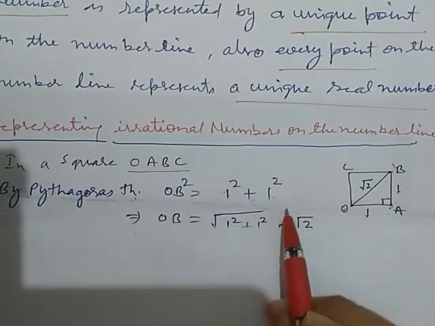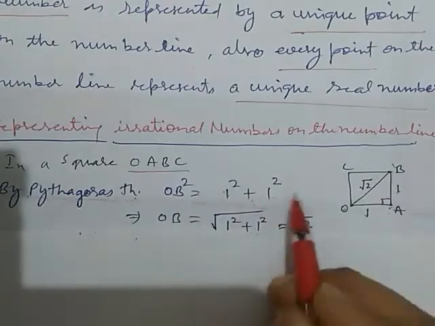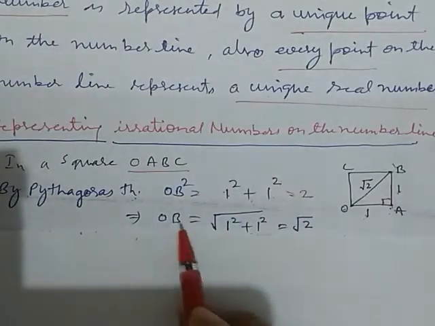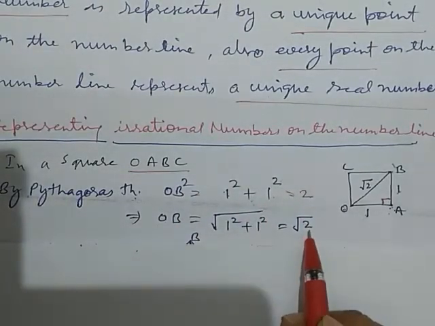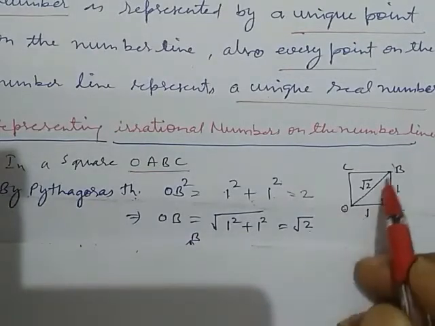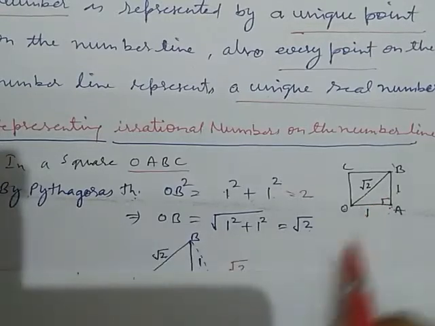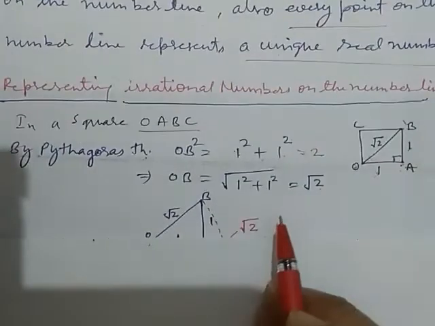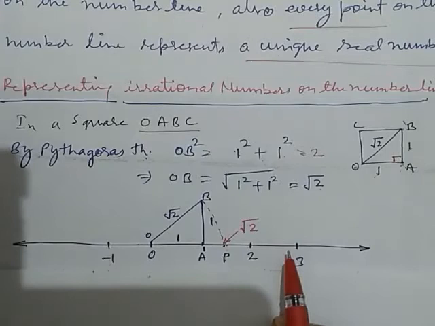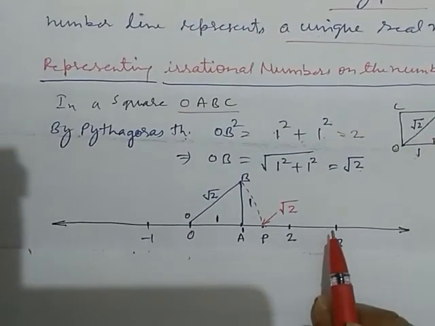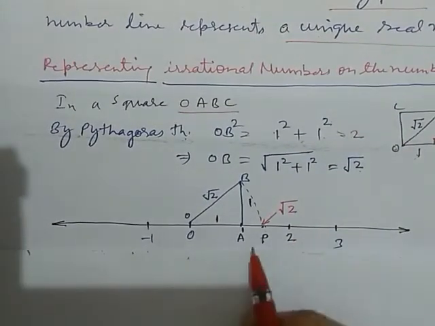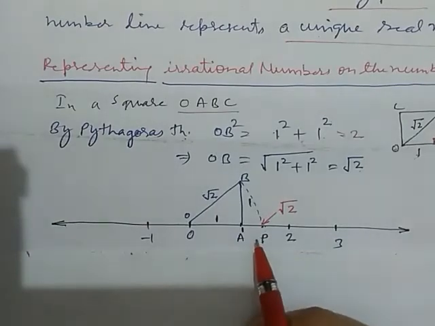What is the value? OB square is equal to 2, so OB equals root 2. This hypotenuse becomes root 2. Now we have to represent it on the number line. Here is our number line, so watch carefully how we plot it.